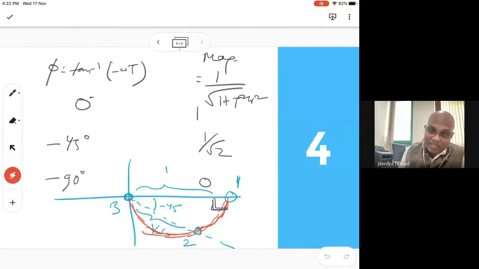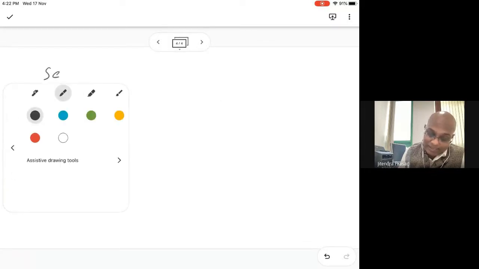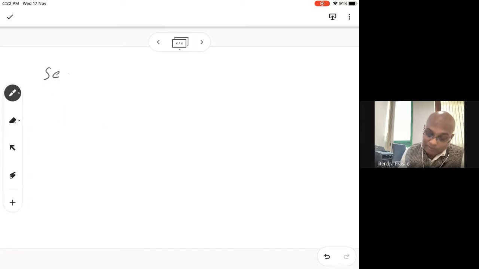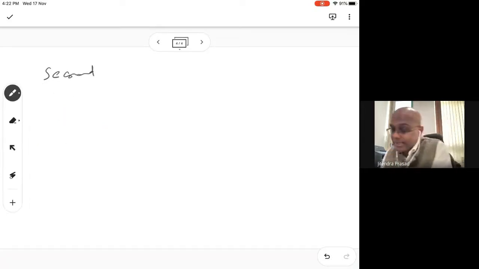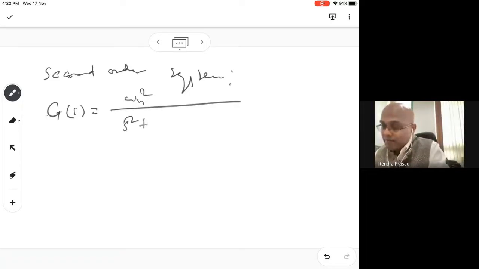There's a difference. So far we have been talking about the first order system. Now, when we have the second order system, this is the second problem. For the second order system, G(s) is equal to, as you know, omega n square divided by s square plus 2 zeta omega n s plus omega n square.